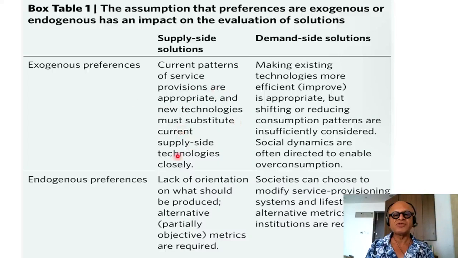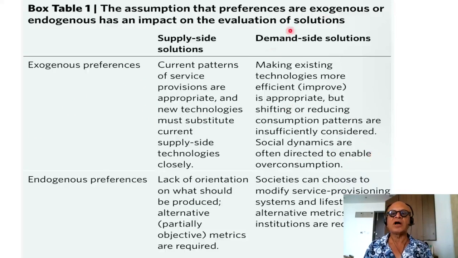Provisions are appropriate and new technologies must substitute current supply side technologies closely. Whereas on the demand side, making existing technologies more efficient, which falls under improve, is appropriate, but shifting or reducing consumption patterns are insufficiently considered when exogenous preferences are modeled.